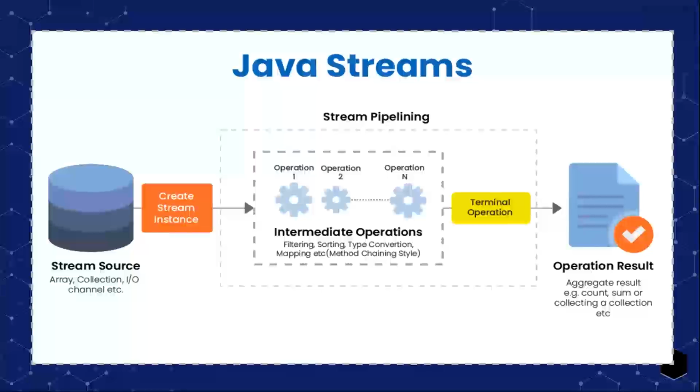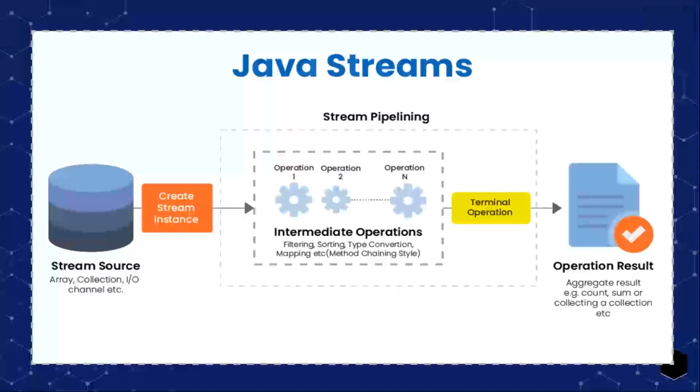So data from the stream to the program comes in the form of an input stream, and after the processing, from the terminal operation, we get an output. The output goes to the sink in the form of an output stream.